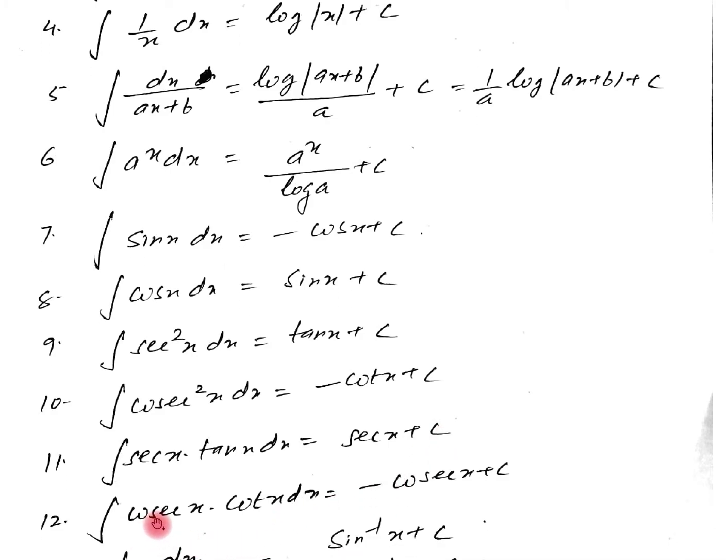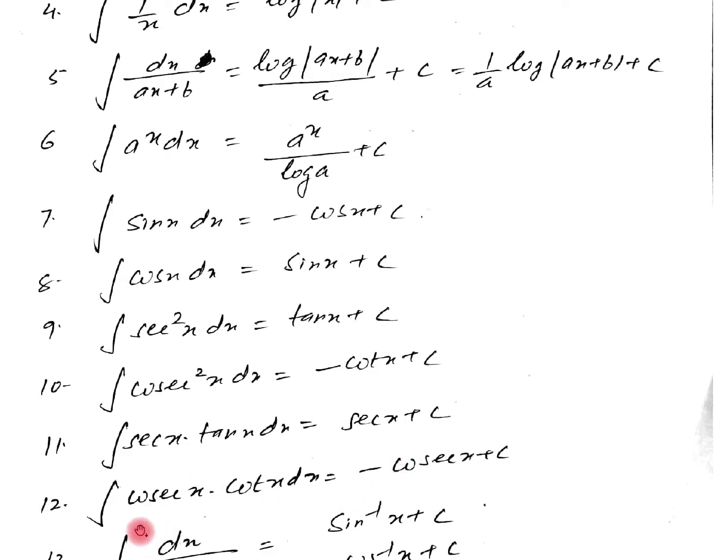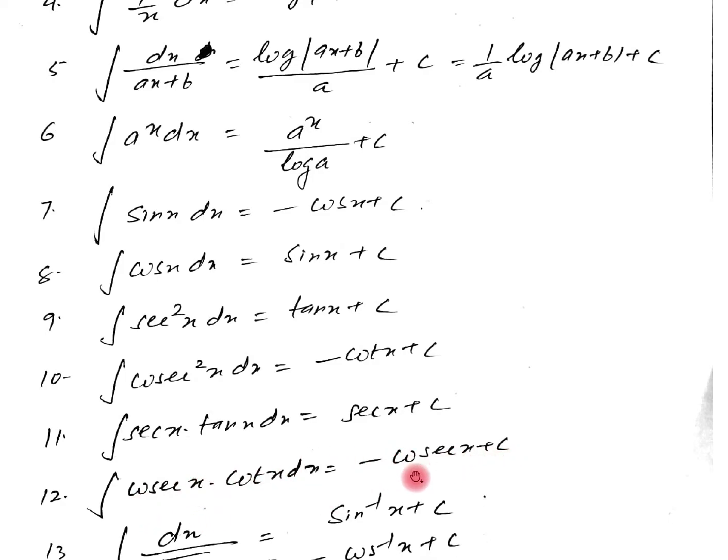Then the integral of cosecant x into cot x dx. The derivative of cosecant x is minus cosecant x into cot x. So the integral of cosecant x cot x dx equals minus cosecant x plus c. Whatever the minus is here should be shifted to the right hand side.